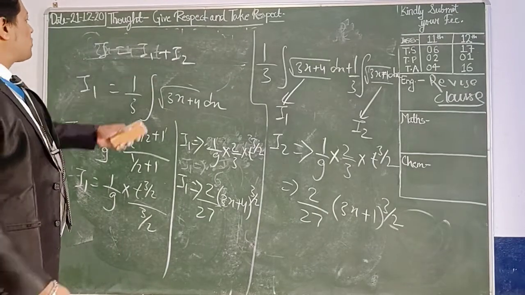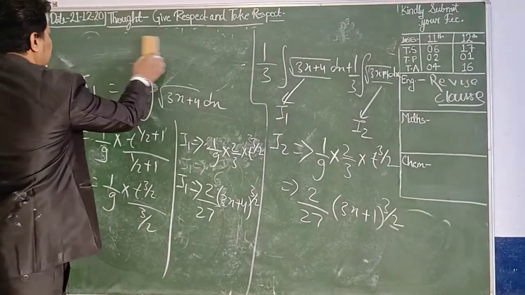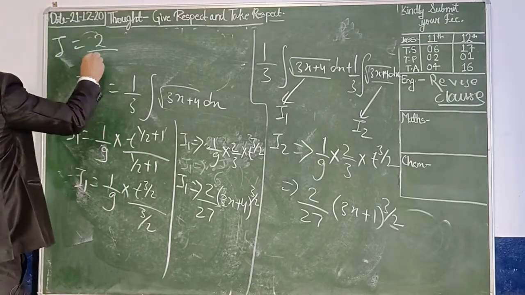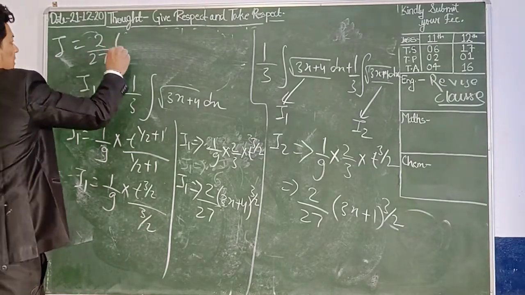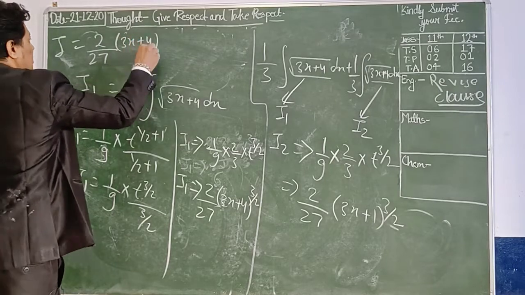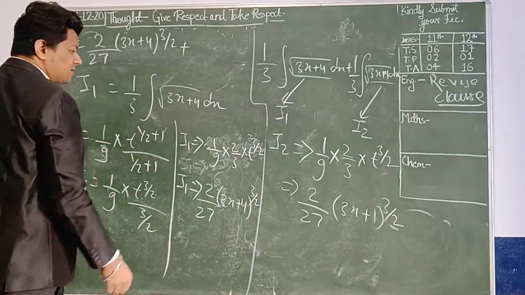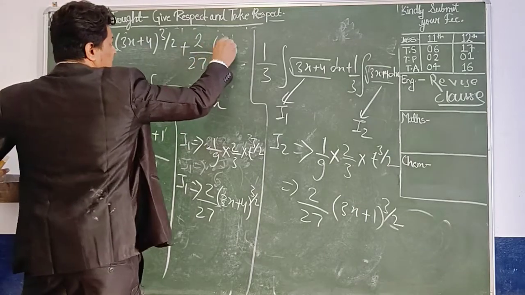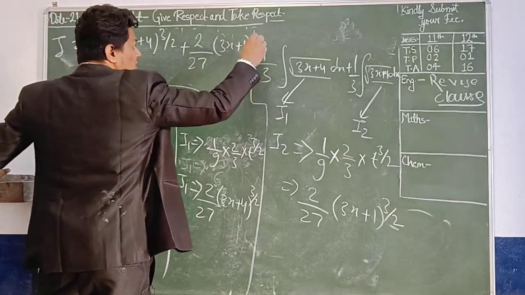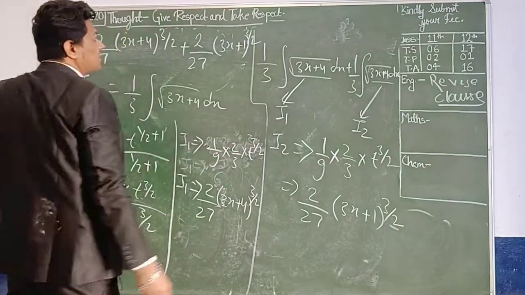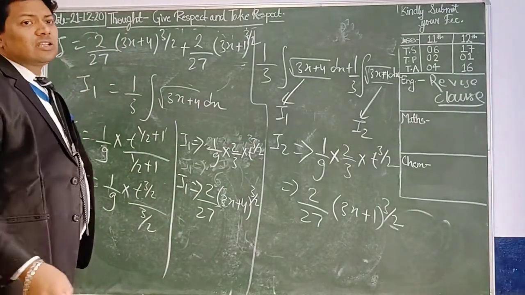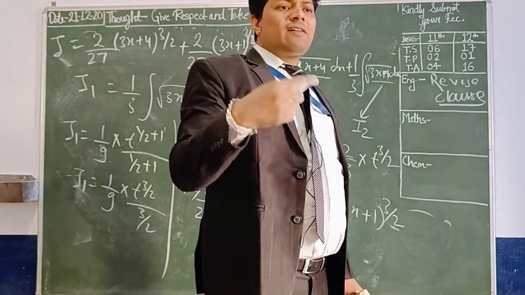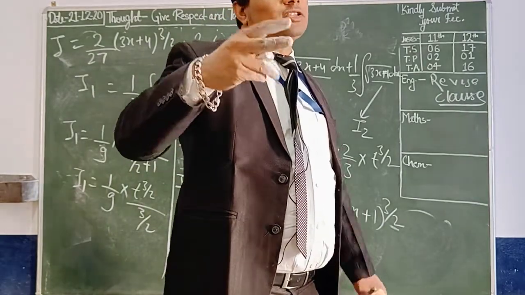Now if you go for I equal to I1 plus I2, so I equal to, what is the value of I1? 2 upon 27 (3x plus 4) power 3 by 2 plus 2 upon 27 (3x plus 1) power 3 by 2. Is it clear? Why am I telling all in simple terms? Because the basics of integration are going on. Otherwise, I would complete it in 2 or 3 terms.